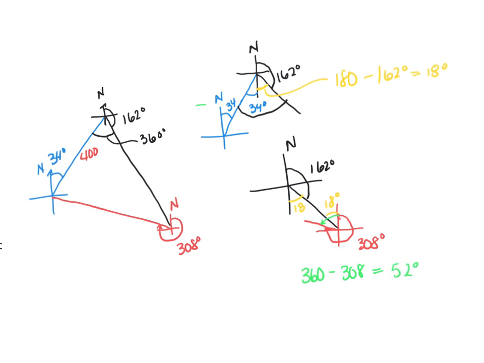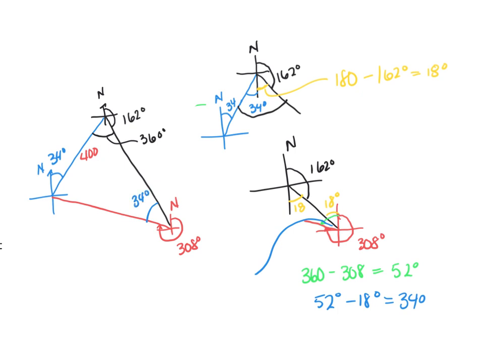That's the reference angle, but that's not the angle I want. The angle I want is this small little sliver in here. So that's going to be my reference angle, 52 degrees, minus that 18. That's the angle I'm chasing right there. So I get 52 minus 18, and I get 34 degrees. So this is 34 degrees.